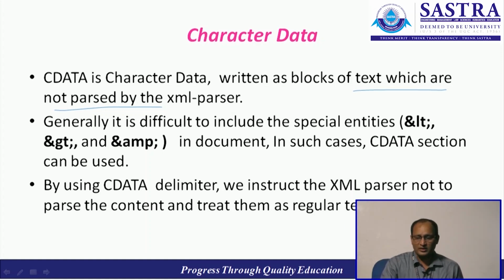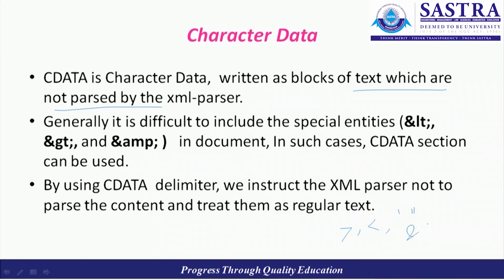If the document is created without following the rules, or by violating any one of them, the document will become an invalid document. But in some situations we would like to include special symbols like apostrophe, double quotes, and ampersand.